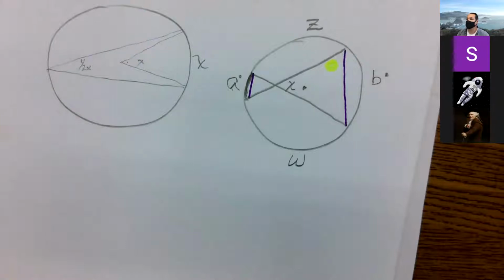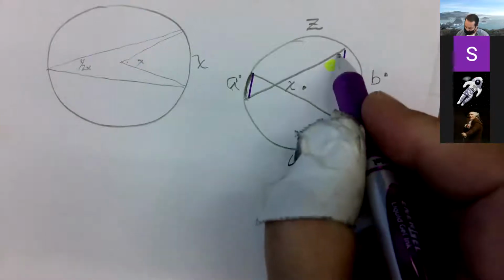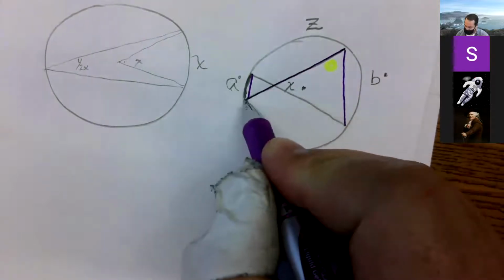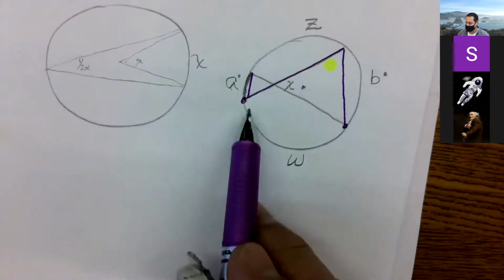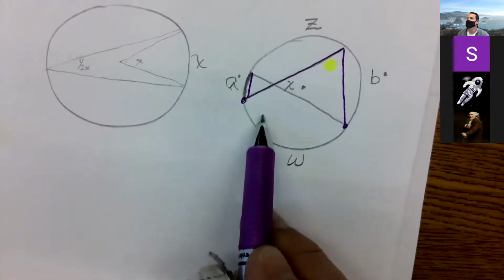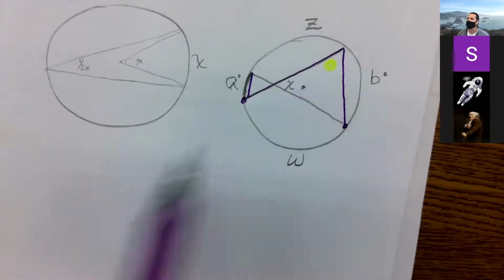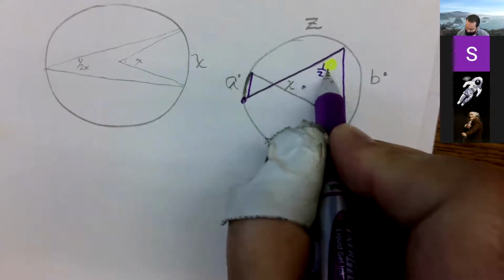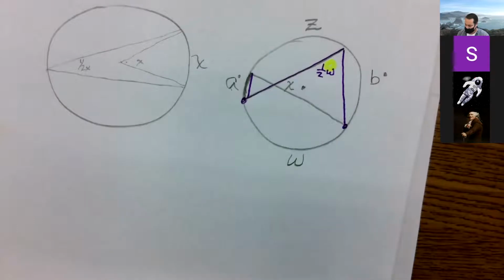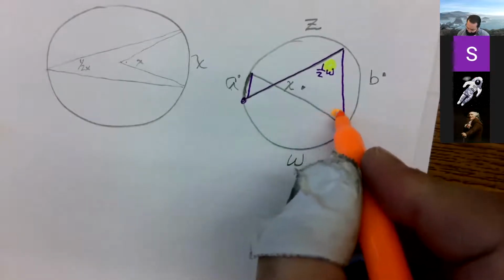This is refreshing what we learned last class. If I look at that angle, it's like a flashlight shining on this wall. So how big is that angle? 1/2 of W, right? And what about this angle?